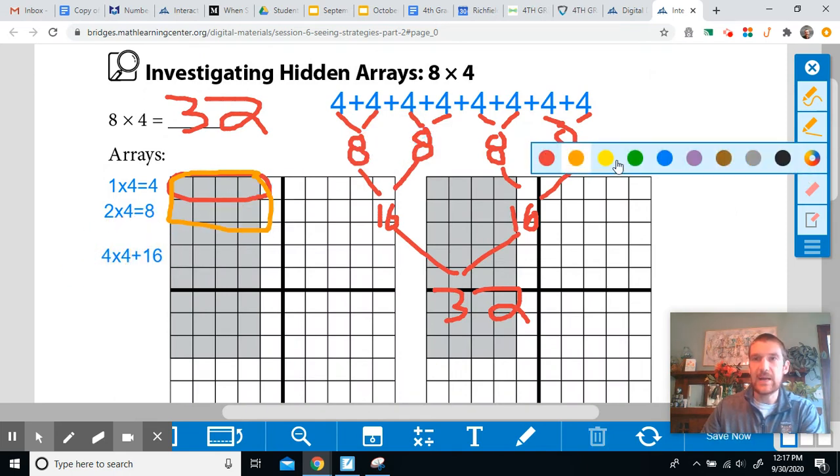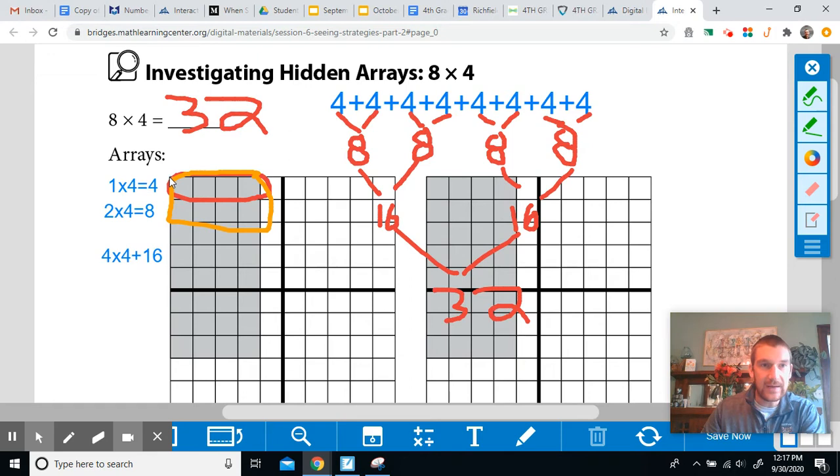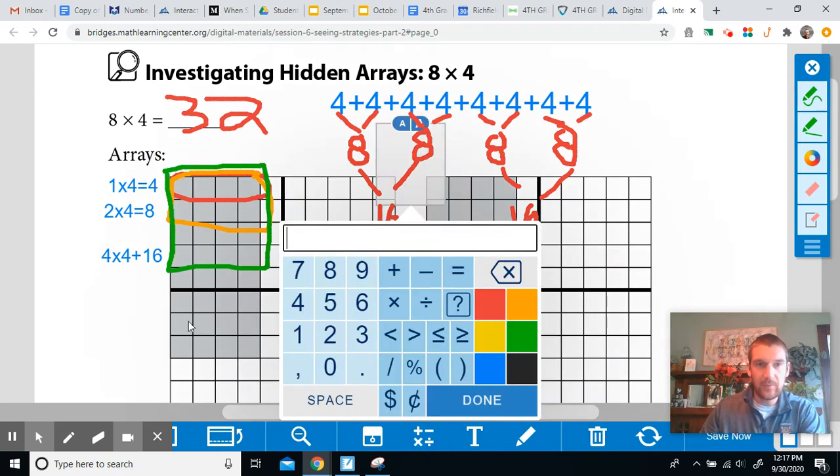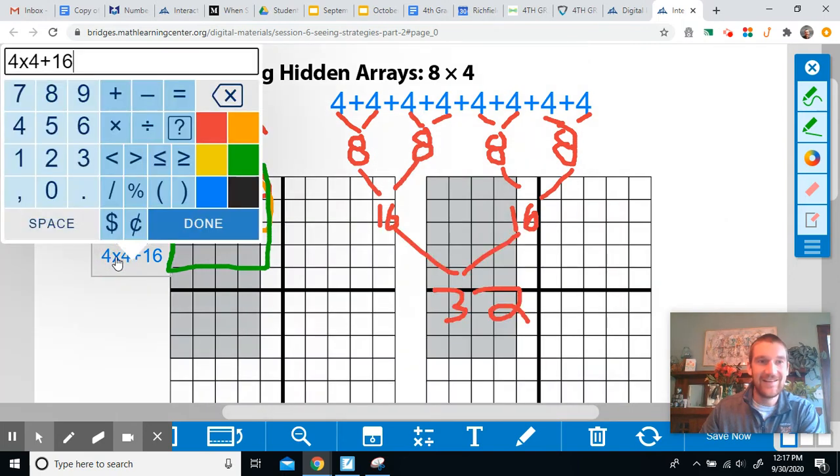So this is taking up twice as much area now. So that's 16, okay? I accidentally wrote down plus 16, let's just say equals 16.